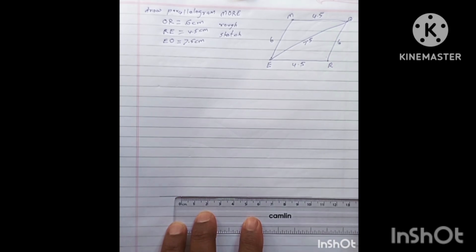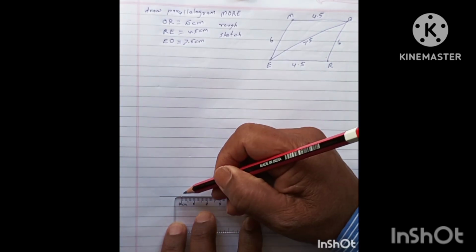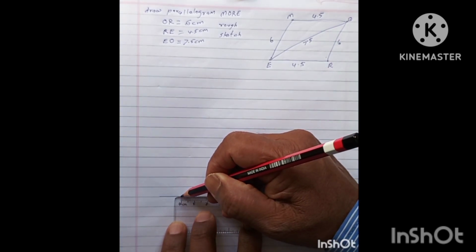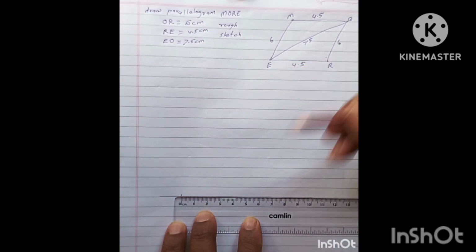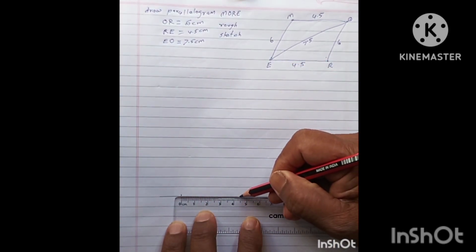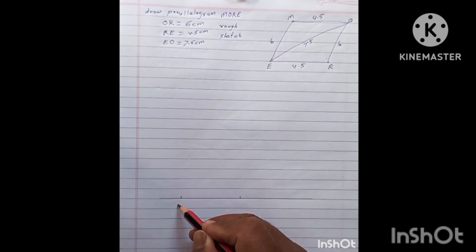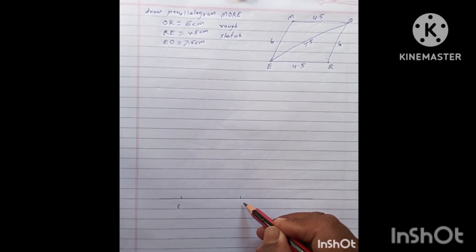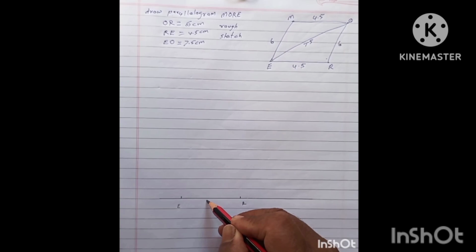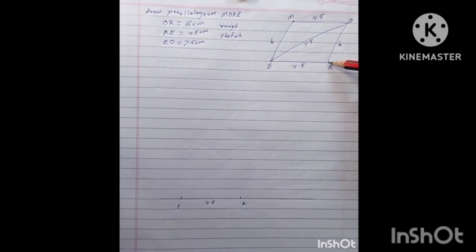Okay, say I am writing it like this, to mark 4.5 a little away from the end of the line, and this is 4.5. Construction wise that is not wrong, even if you draw like 7.5, and the rough sketch always helps you. Okay, so ER is 4.5.